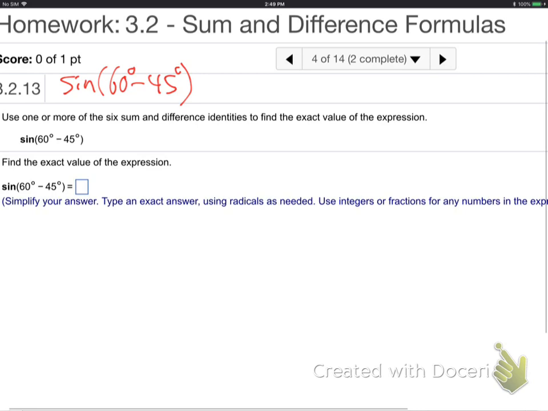They want me to use the formula, so which formula are we going to use? I've got it there on the board for you, and it's probably on your paper. One sine, two angles subtracted. This section is all about one sine or one cosine, and we're going to get to tangent, with two angles added or subtracted: sum or difference formulas. You get two angles added or subtracted in a sine, cosine, or in a minute, tangent.